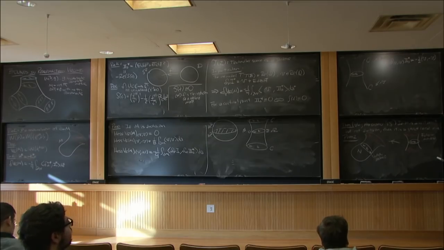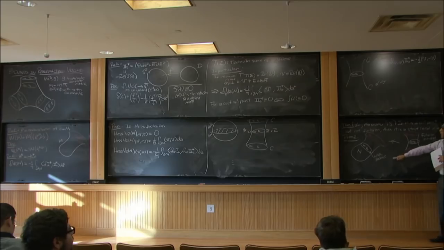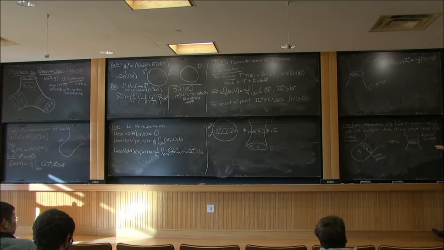So now what happens? This construction occurs in general, except that this part, we are not always going to have a totally geodesic end, or an end with a totally geodesic leaf.